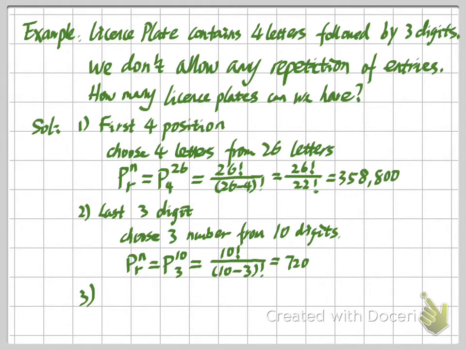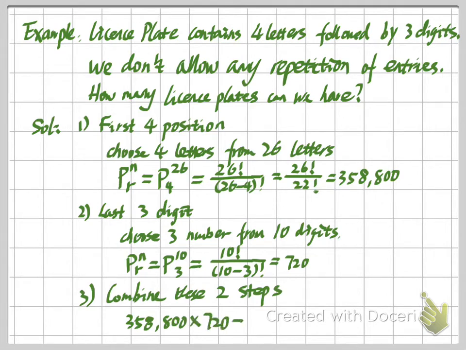If we combine these 2 steps, we need to multiply these 2 numbers together, because this is a multiplication rule. So we need to multiply this huge number together. Of course, you can use your calculator to find the answer, and the answer will be like this. So this is our answer for this question.